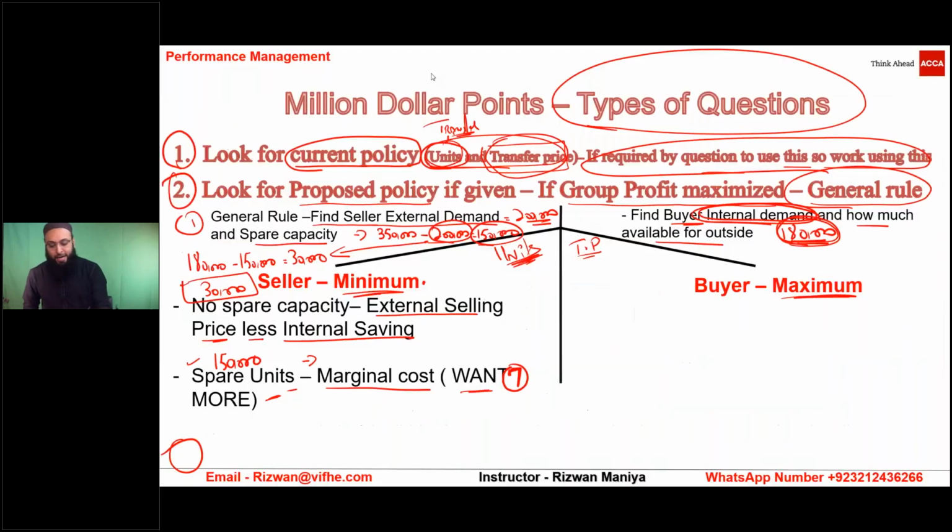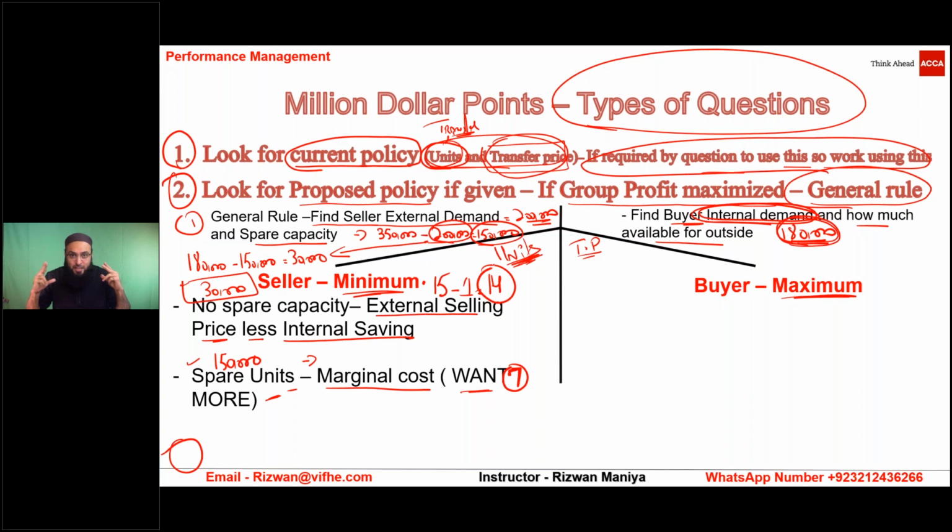This means that 15 minus 1 is 14. So the seller will not sell to you below 14 for the units that the seller is transferring from the external market. This is how we find out the minimum in every examination scenario.